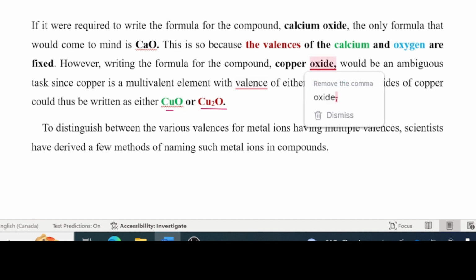So you can't say write me copper oxide, you have to be specific, because the oxides of copper could either be Cu2O or CuO. And now to distinguish between the various valencies of the metal ions having multiple valencies, scientists have derived a few methods of naming such metal ions in compounds.